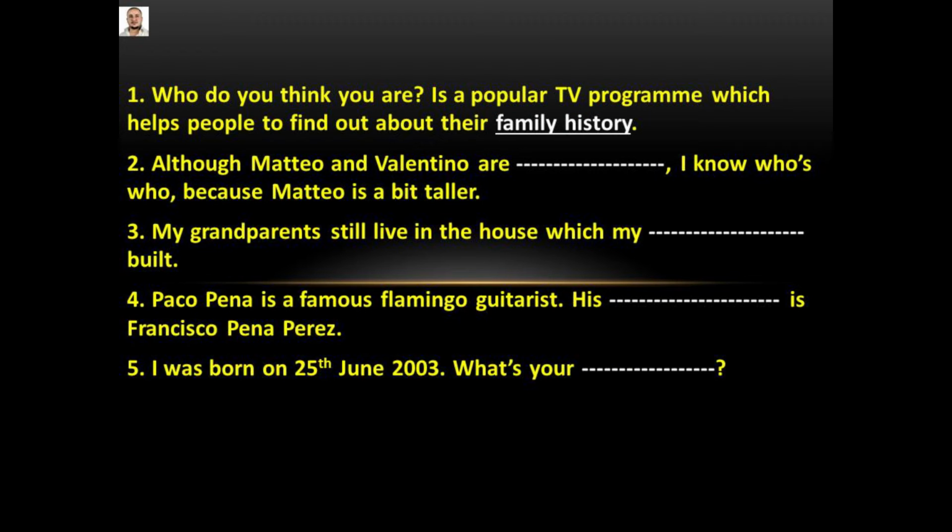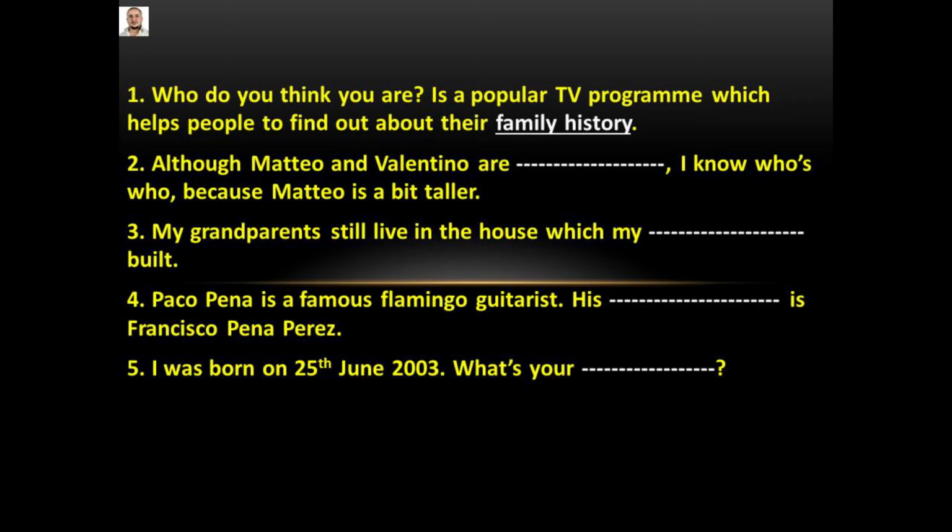Who do you think you are? Is a popular TV program which helps people to find out about their family history. We took family from A and history from B. 2. Although Matteo and Valentino are identical twins, I know who's who because Matteo is a bit taller. 3.